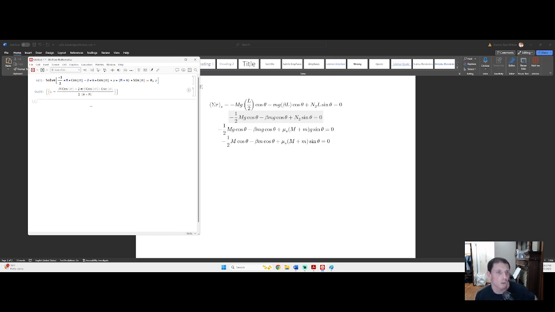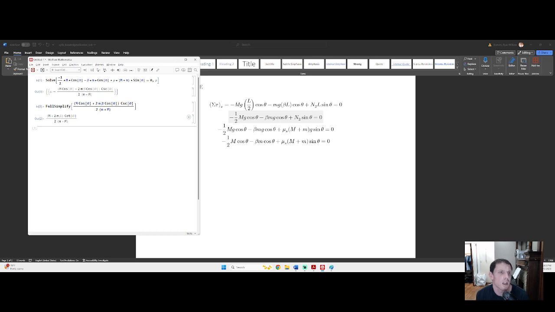But you should remember that cosine of theta and cosecant of theta here are just numbers that you can evaluate. And so I'm going to make Mathematica simplify this. And it works out to be a little bit nicer.